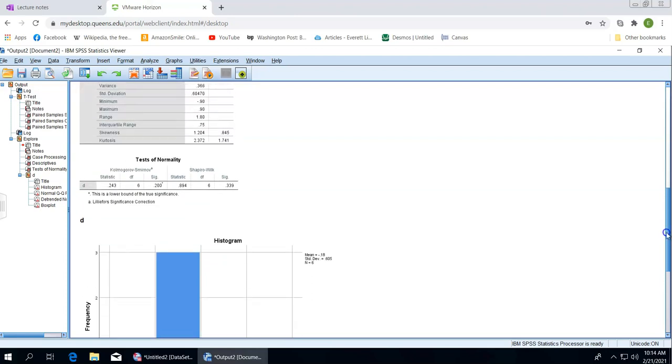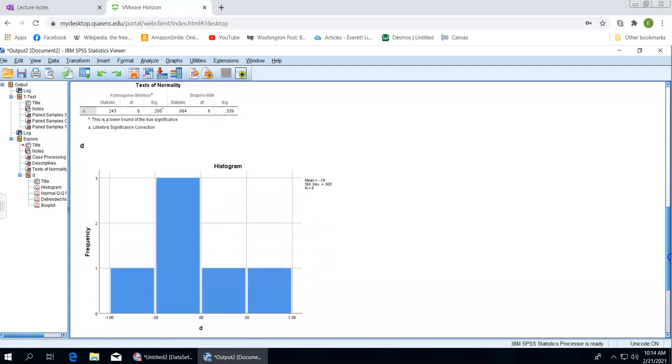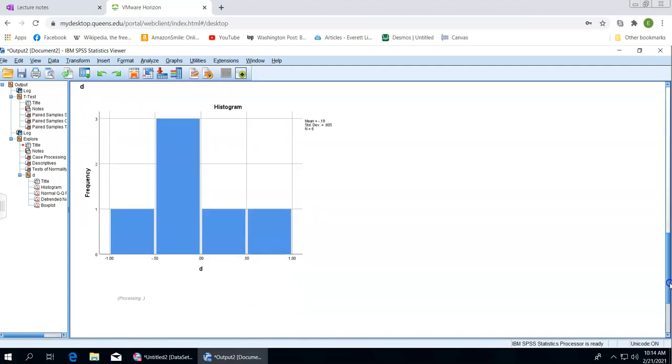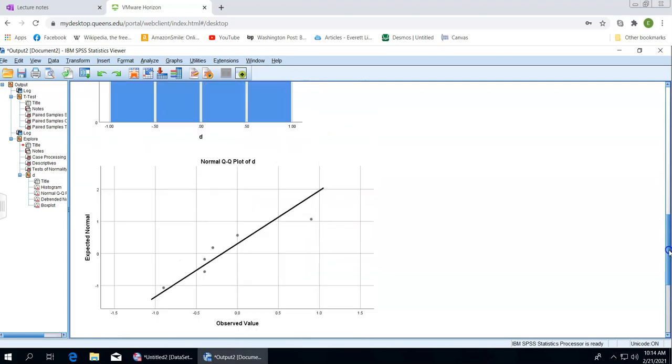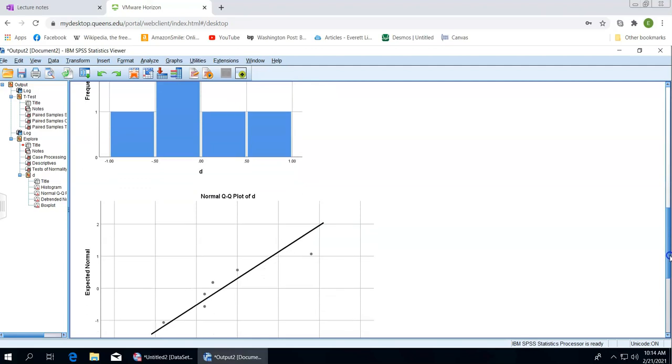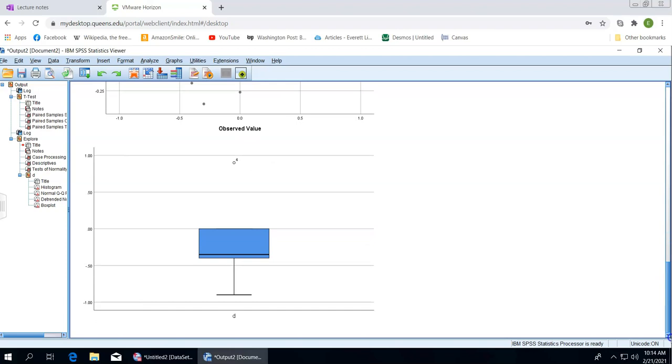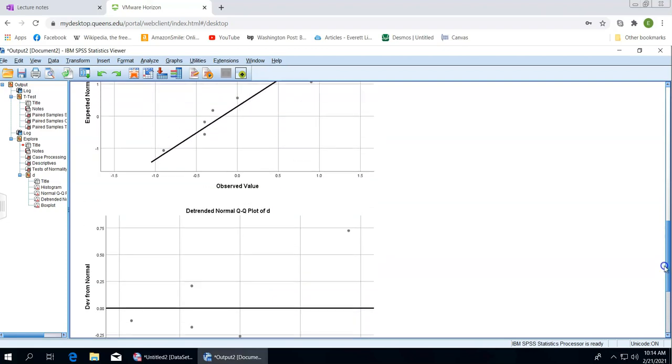So that would tell us that we have not violated the assumption. Our histogram, with just 6 observations, it's hard to tell. And same thing with the normal probability plot. We do have one outlier, but with just 6 observations, it's hard to say anything about that.